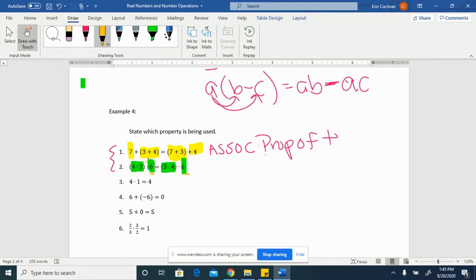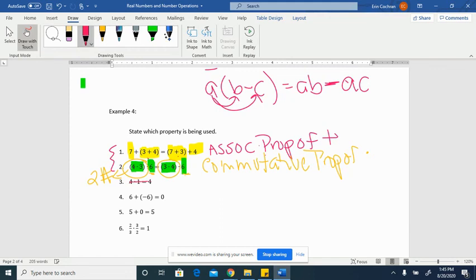But what's changing is the order of just the 3 and the 4. So we're just switching the order of 3 and 4. Now would that be associative or commutative? Because it's only switching the order of 2 numbers, that one would be commutative. And is this the commutative property of addition or multiplication? It is multiplication.